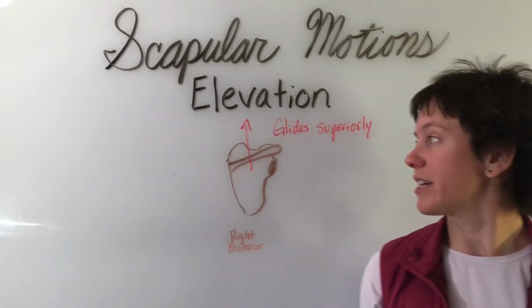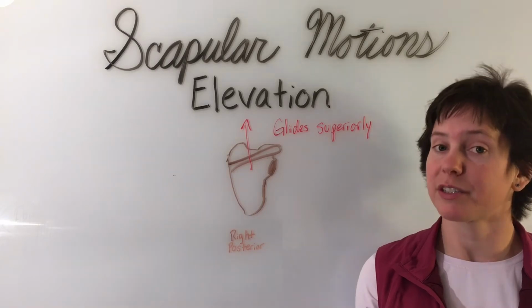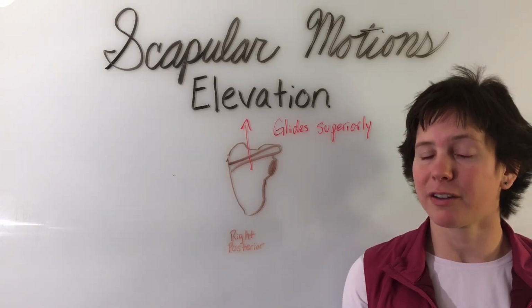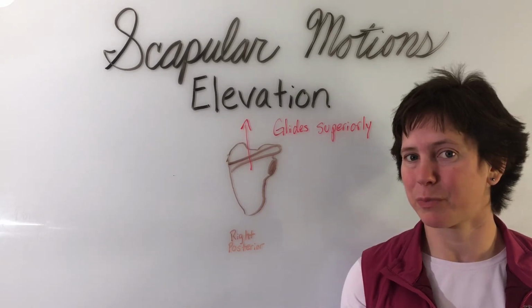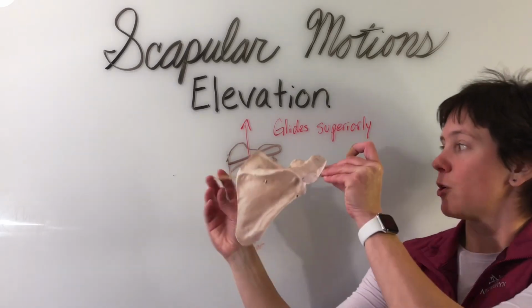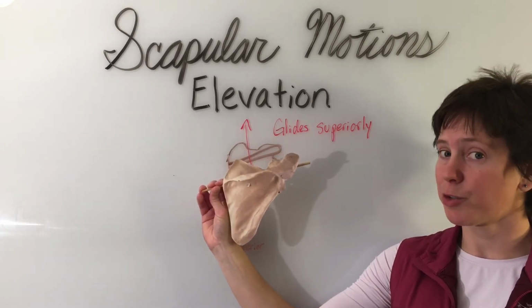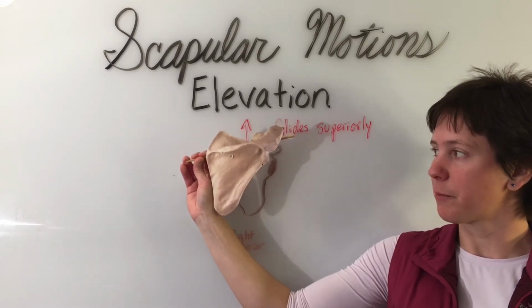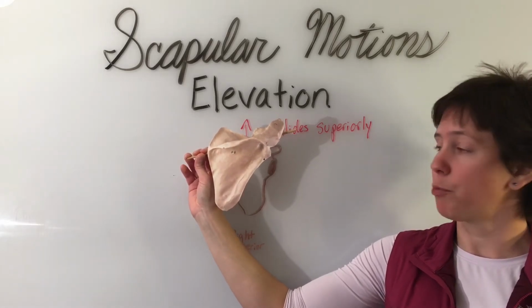Some sources say that elevation also involves upward rotation, and some other sources say elevation involves anterior tilt. So depending on which source you look at, we'll have the scapula always gliding superiorly, but there might be some anterior tilt, there might be some upward rotation.